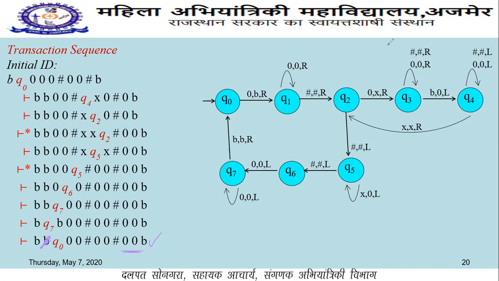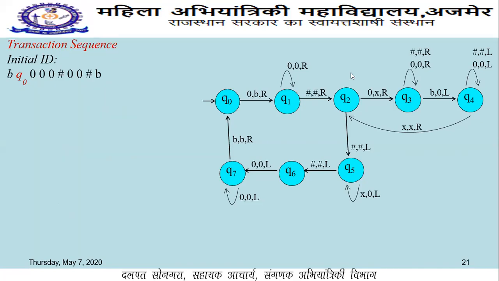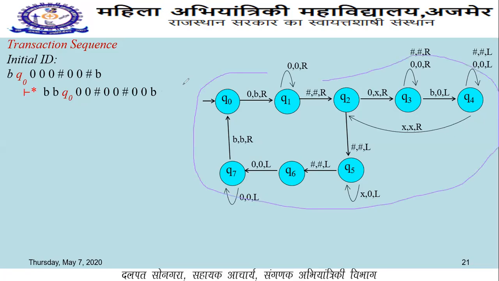Let's see. So we come to the next slide. After the initial state and multiple steps, after applying the total process, we come to this situation. So let's discuss further this transition sequence.